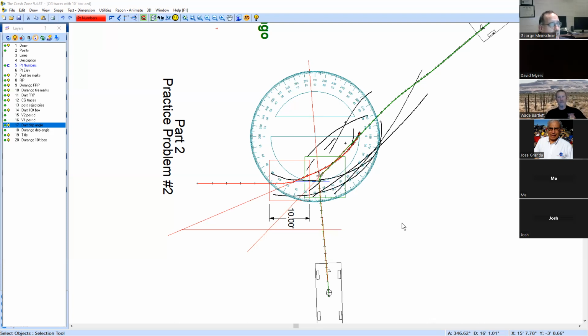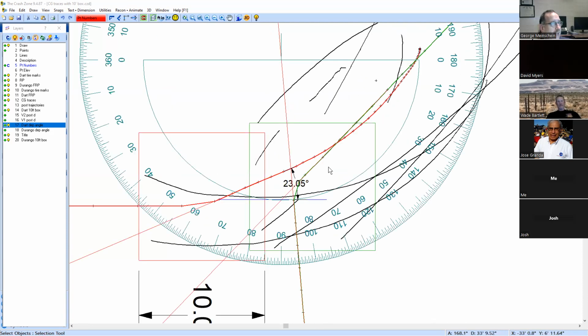Like Wade was saying before, if you're on that straight section of the departure path, that's going to be 10-12 feet out easily from where the collision occurred, you'll be able to pick up after the secondary slap.